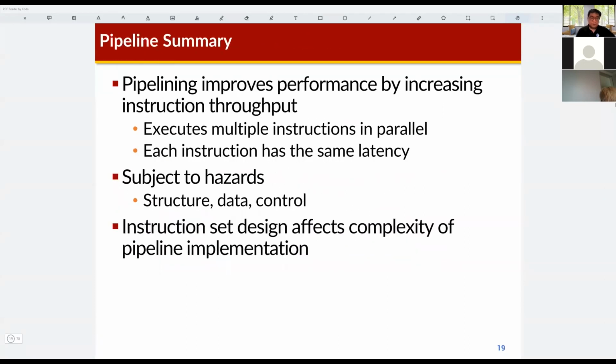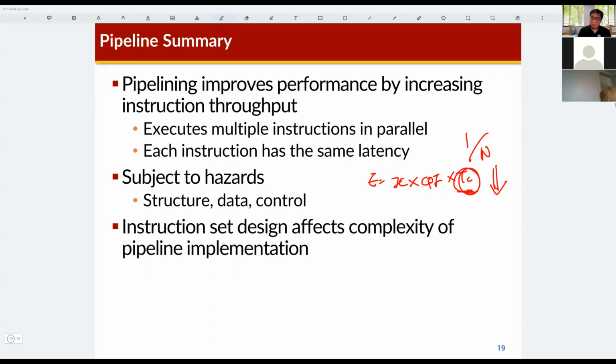Okay. So, pipeline summary. Why do you need to apply the pipeline architecture? In order to increase the performance. With the pipeline design, we can reduce the clock period ideally by 1/n, where n is the number of pipeline stages.